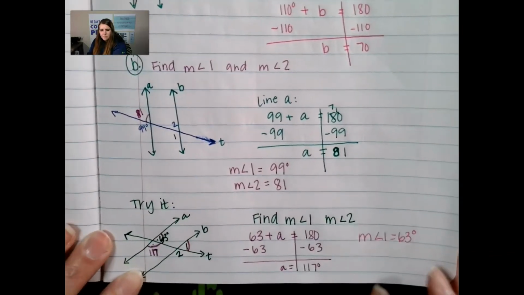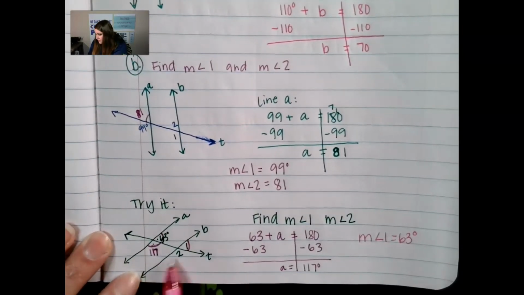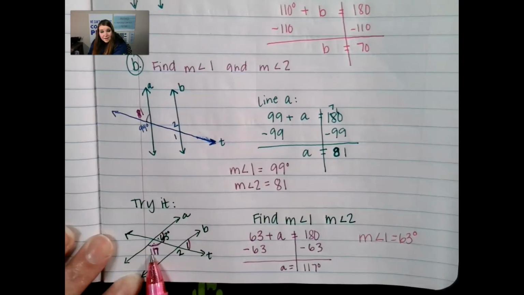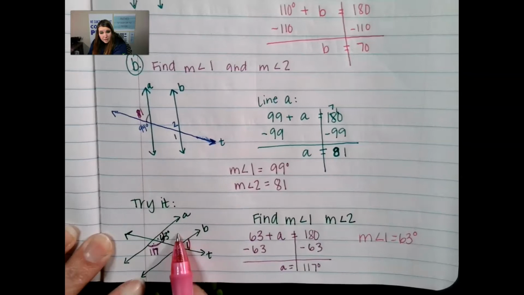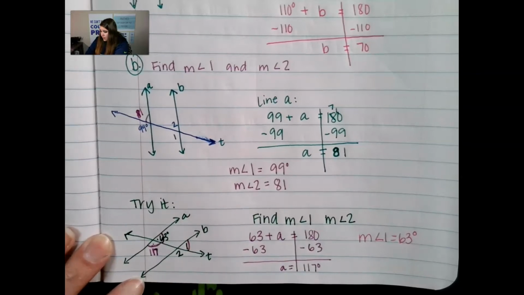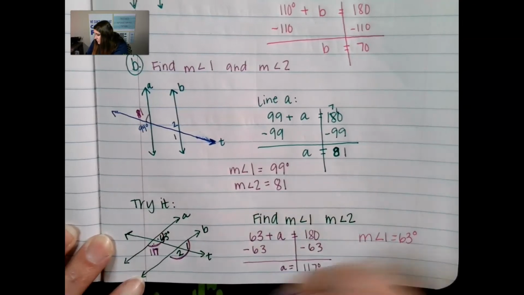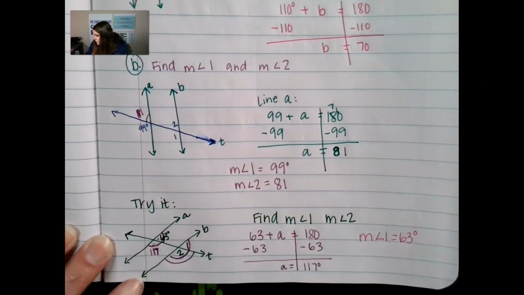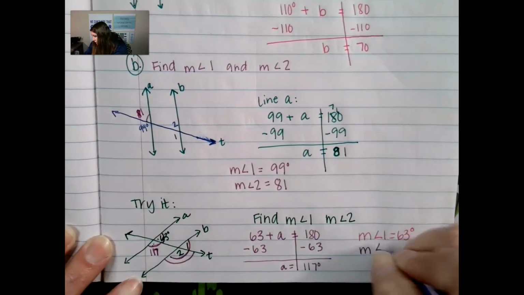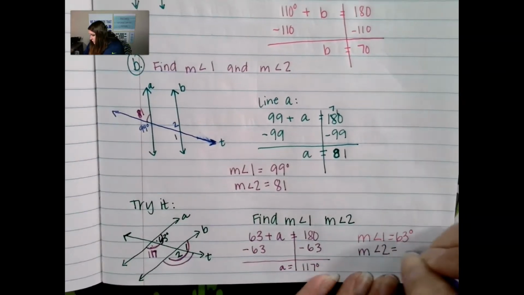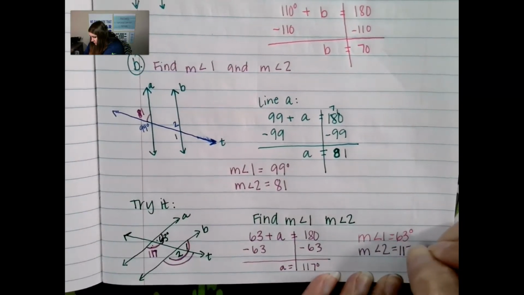If the measure of angle 2 is the same as the one that I found, the unknown, because they correspond, they're equal there. This one here has to be the same, right? So the measure of angle 2 is also going to equal 117.